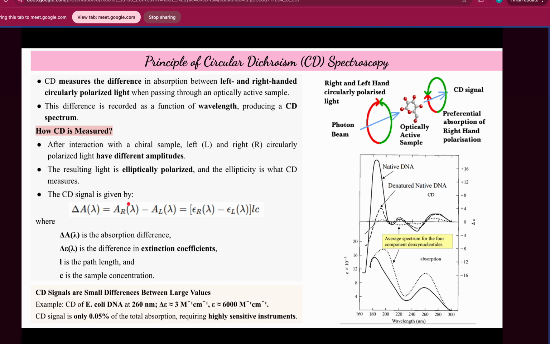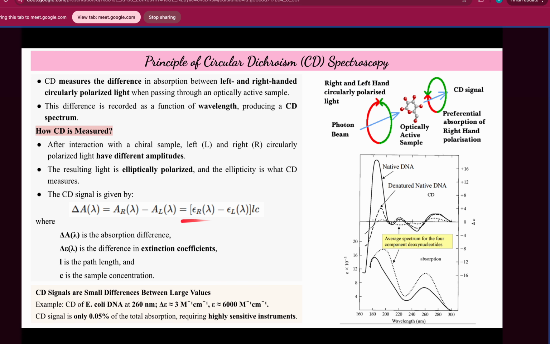So the CD signal is given by delta A, which means the change in absorbance at a particular wavelength, equals A_R, the absorbance of right-handed circularly polarized light at that wavelength, minus A_L, the absorbance of left-handed circularly polarized light at that wavelength. This can also be written as epsilon_R(lambda) minus epsilon_L(lambda) times l c. This is where we are putting in the Beer-Lambert law.